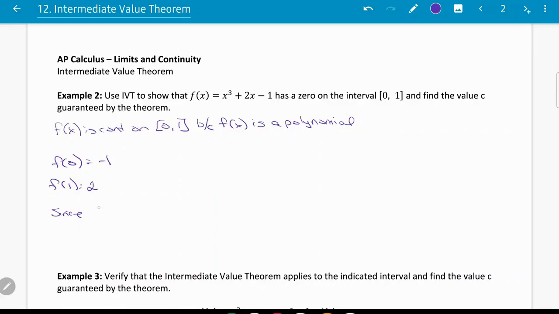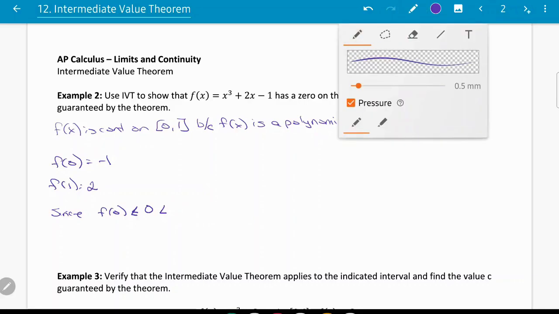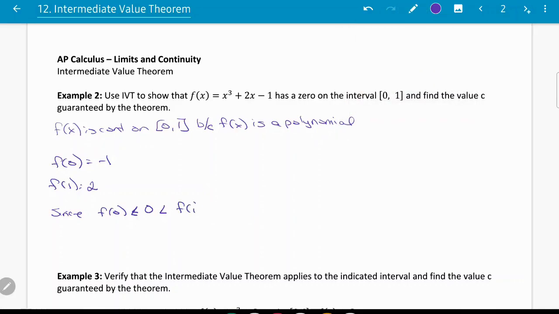Since f of 0 is less than 0, it's less than 2. Sorry, less than f of 1, there exists a c on 0 to 1 such that f of c equals 0.